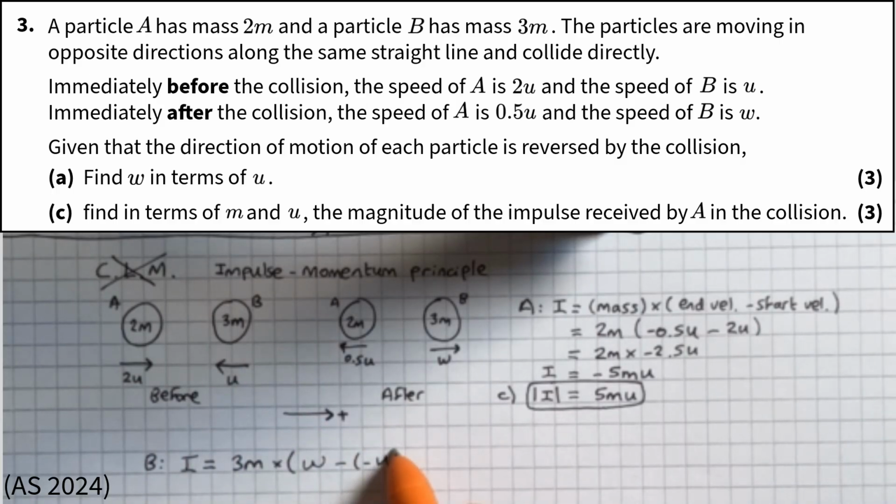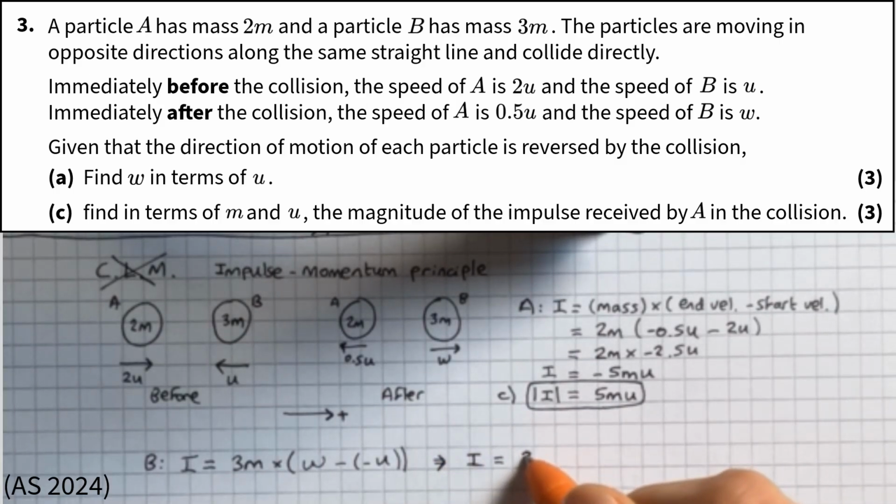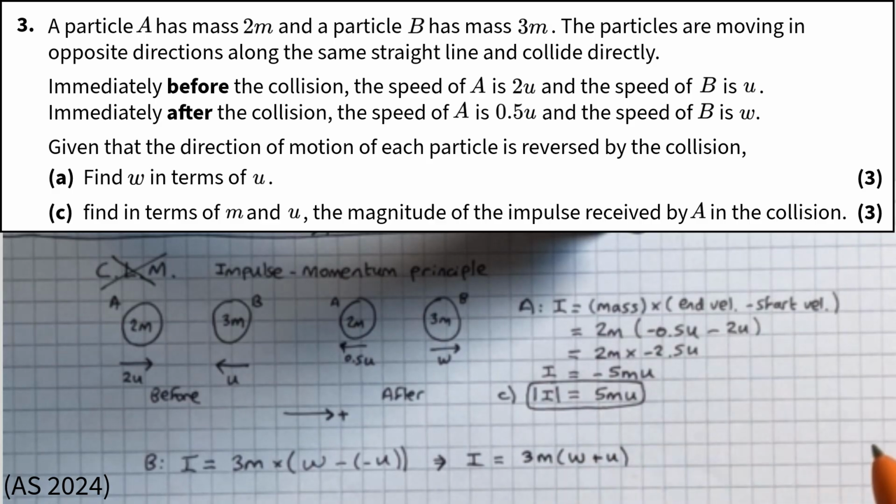It's U, but it's in the opposite direction, so it's going to be a double minus here. So this means that the impulse is going to be 3m times by W plus U. The impulse momentum principle tells us that these two impulses that we've just found for A and for B should be exactly the same. So this should be equal to 5mu.